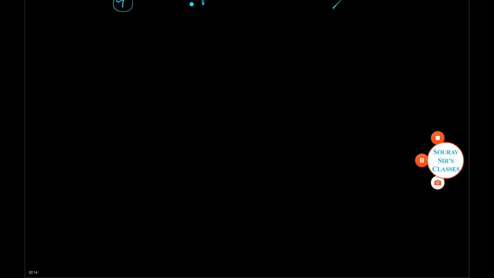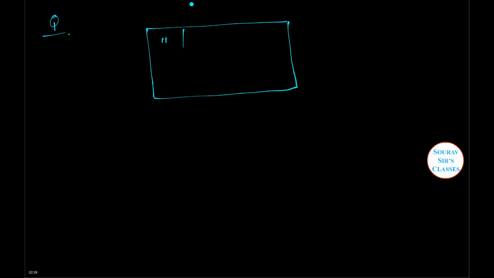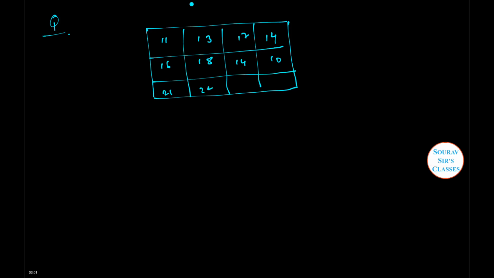Now let us do a sum. This question says solve by the matrix minimum method, and the given table has the values 11, 13, 17, 14, 16, 18, 14, 10, 21, 24, 13 and 10.